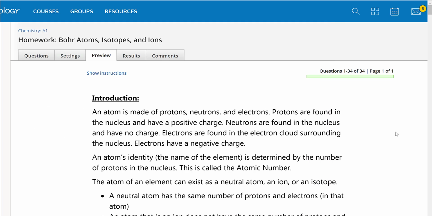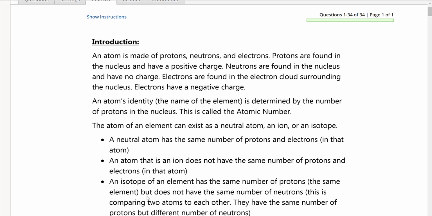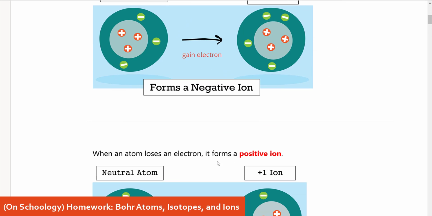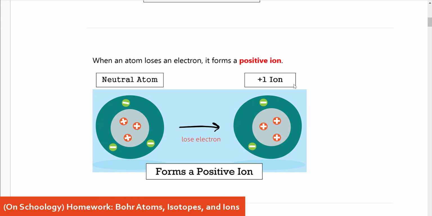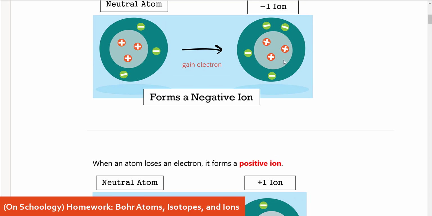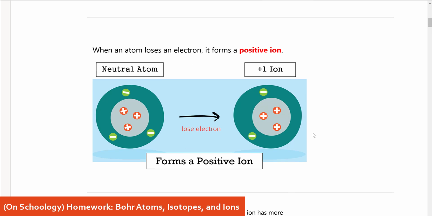So if we go over to our Bohr atoms, isotopes, and ions homework, I have that information summarized there, and we see that when we have more electrons than protons, we have a negative ion. If we have more protons, I may have said that incorrectly. If we have more electrons than protons, it's a negative ion.